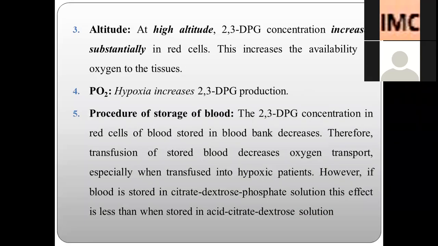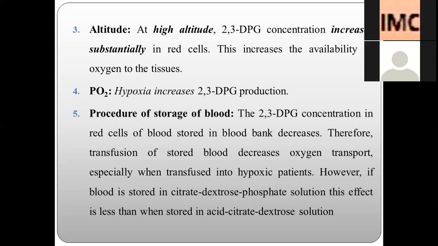At high altitude, the concentration of 2,3-DPG increases, and in hypoxia also, the production of 2,3-DPG increases. So in both these conditions, the tissues require oxygen, so the affinity will be decreased and oxygen will be released.